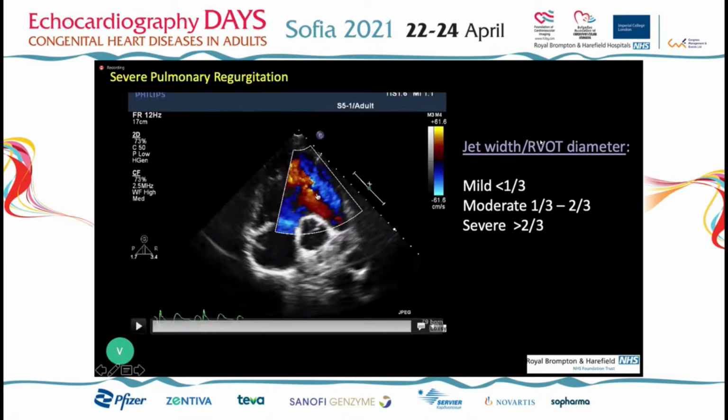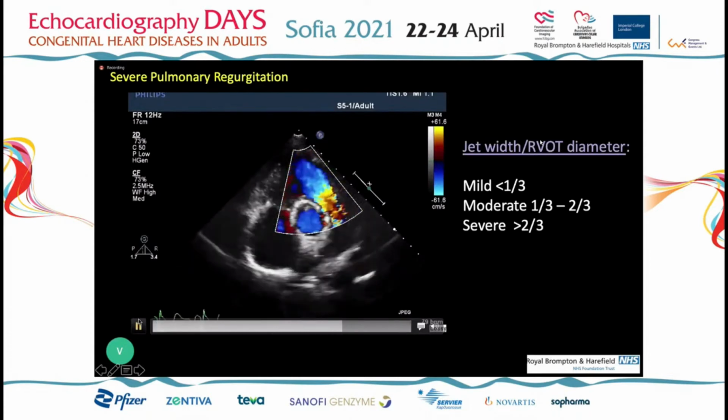So if the jet of the pulmonary regurgitation fills the RVOT in less than 1/3 of its diameter, we consider that mild. If it is up to 2/3, we consider that moderate according to color flow grading. And if it is more than 2/3 of the dimension of the RVOT, then we could say that this regurgitation is severe. In this case, you can see it's clearly severe.